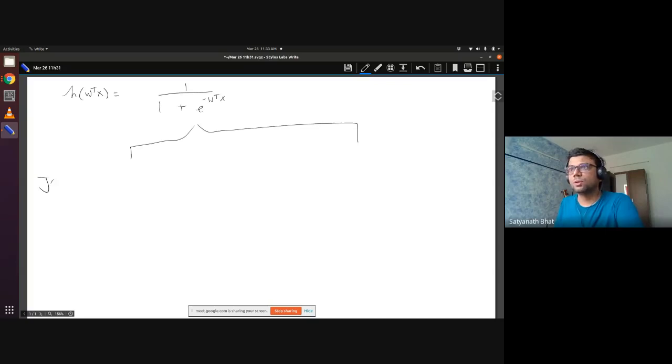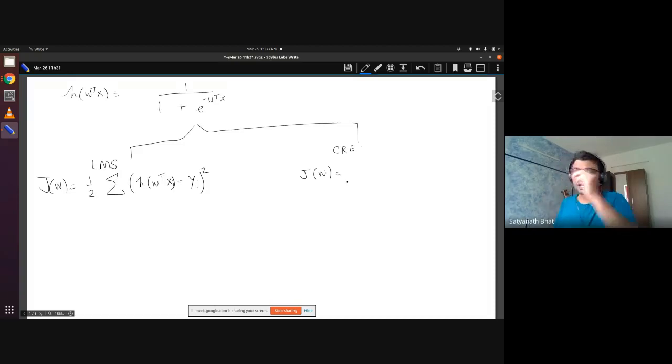So J of W in the least square loss was half summation of h of w transpose x minus yi, whole square. So this was the least square loss, or least mean square loss, as it is sometimes called. And then the other one we saw was cross entropy loss. What that was is that we are looking at negative log likelihood.